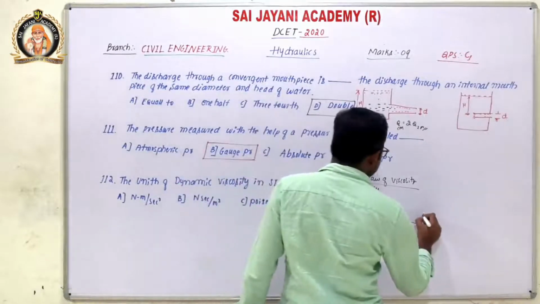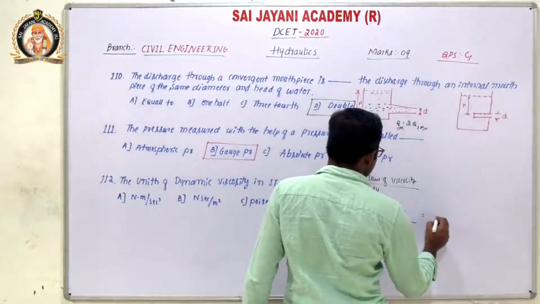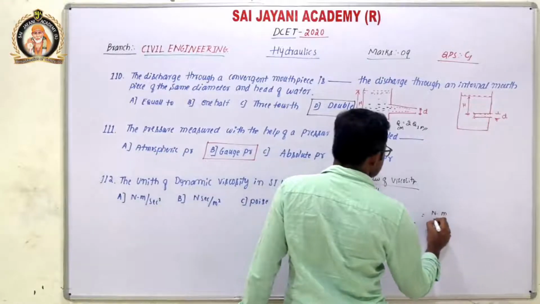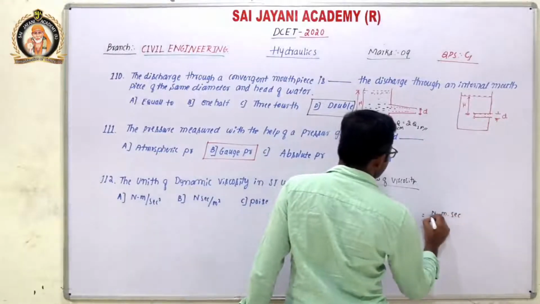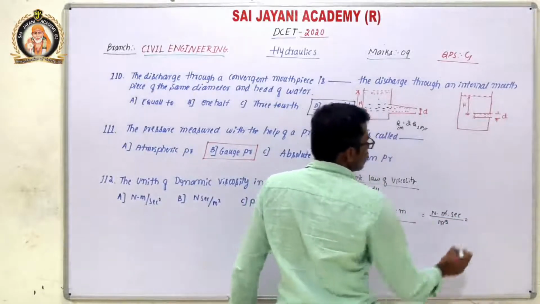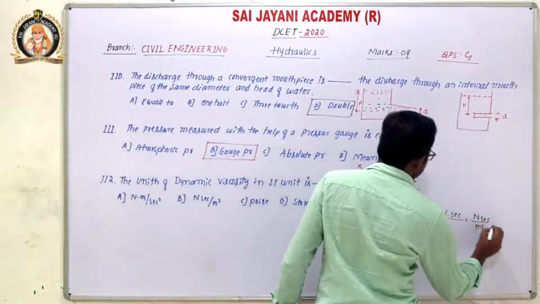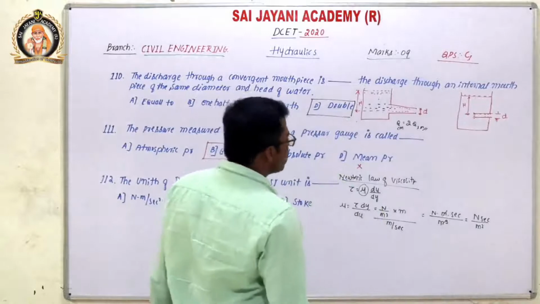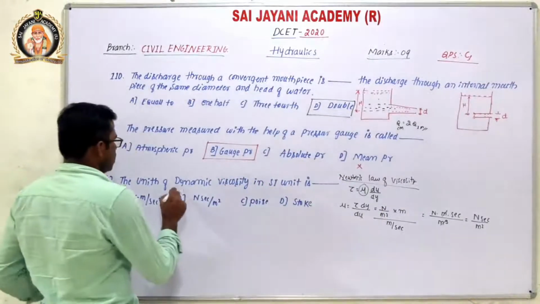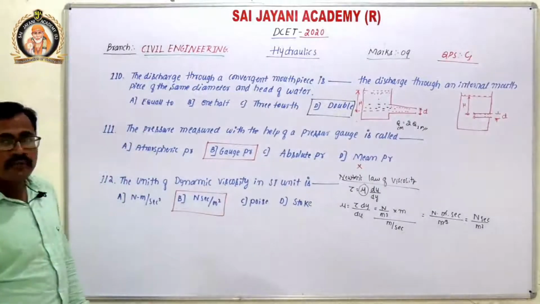So this becomes Newton second divided by meter cube, into meter. So meter cancels. Newton second per meter square is the SI unit of dynamic viscosity.